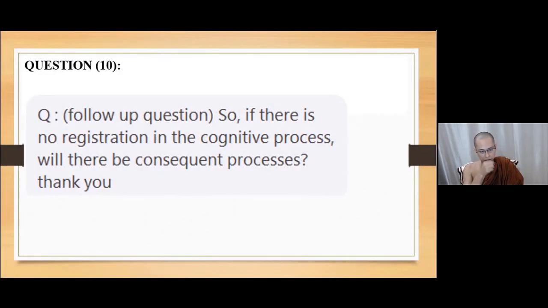Question 10, follow-up question. If there is no registration in the cognitive process, will there be consequent processes? Thank you. Okay, for this question, the word registration in Pali is tadarammana. In the English translation it seems very important, but in the Pali understanding, it is not really important.